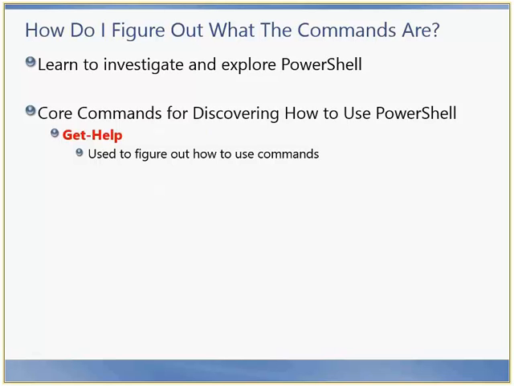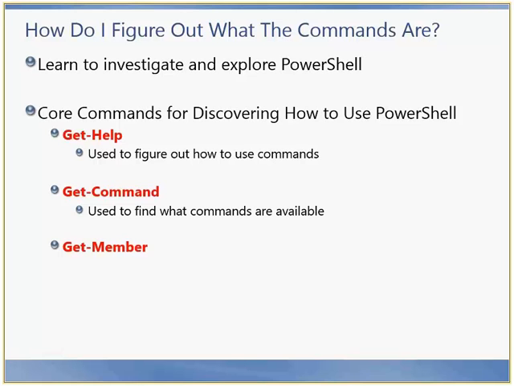Now you can use it for discovering commands, but that's not what I use it for. Get-Command is the command that I use to discover commands. It's used to find what commands are available. And once I find those commands with Get-Command, then I use Get-Help to figure out how to use those commands.